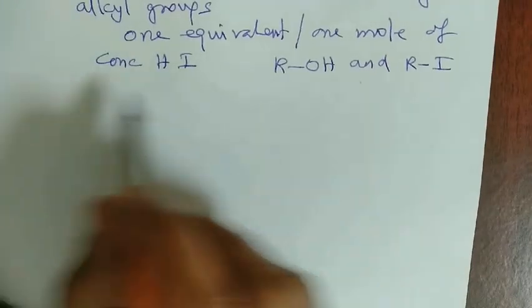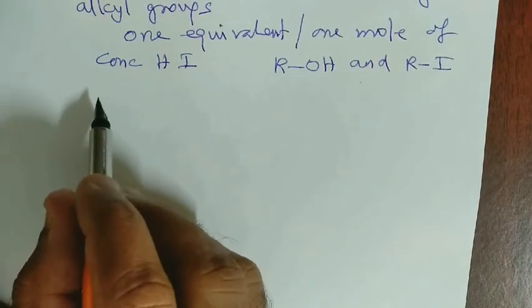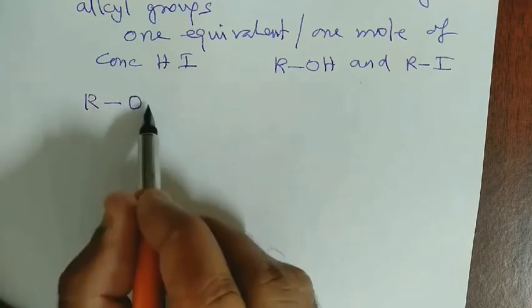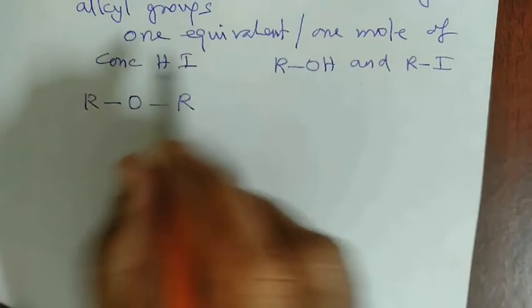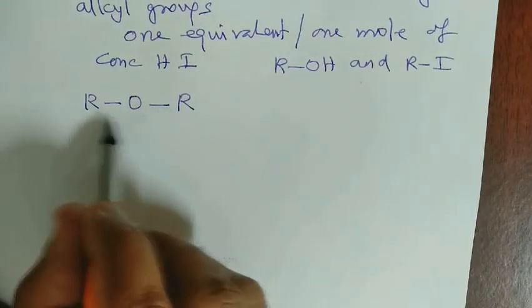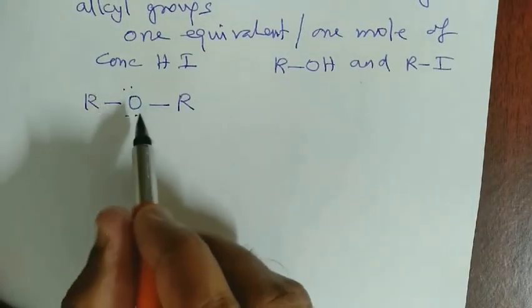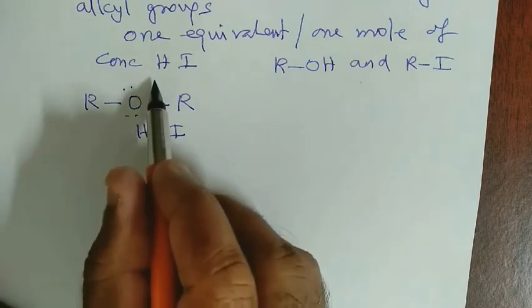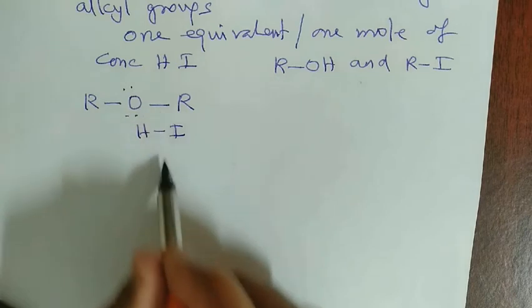In this reaction, one of the carbon-oxygen bonds in the ether undergoes cleavage. A symmetrical ether can be represented as ROR. When it is treated with HI, one of the carbon-oxygen bonds undergoes cleavage.